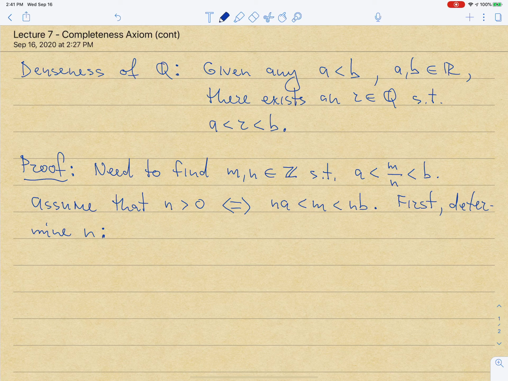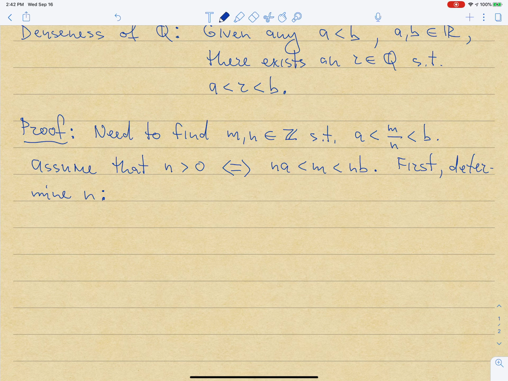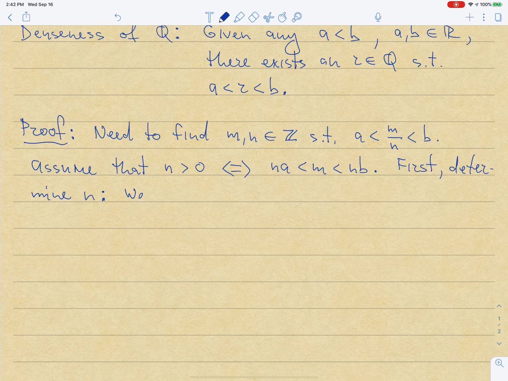How are we going to do that? Well, we have that the number b minus a is going to be positive because b is greater than a.